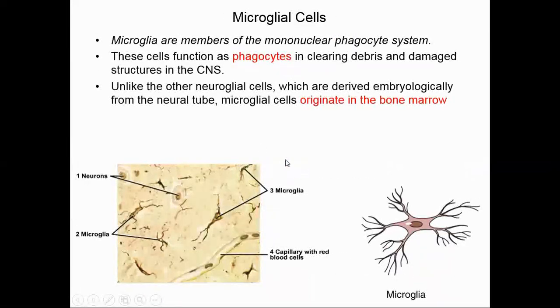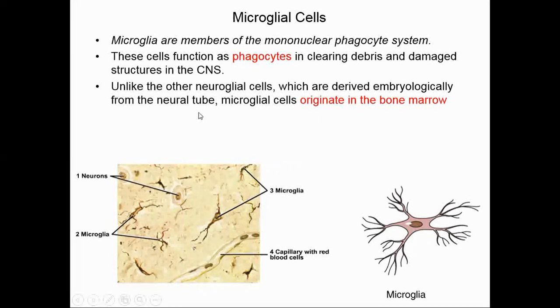Microglial cells are a member of the mononuclear phagocytic system. The main function of this is phagocytosis of the debris and the damaged structures in the central nervous system. Now, this differs from other types of neuroglial cells in which it is derived from bone marrow, whereas other types of neuroglial cells are derived from neural tube, which is a part of ectoderm, which also gives rise to the skin.